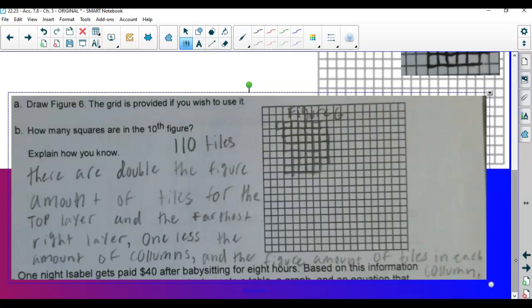One less than the amount of columns. So, really, your explanation doesn't need to match there. This is not what you're looking at for right versus wrong. Read what you wrote and ask yourself, does it make sense? In my mind, what made sense was to move this down around and make a rectangle. You might have explained it differently, though, and it probably still makes sense.